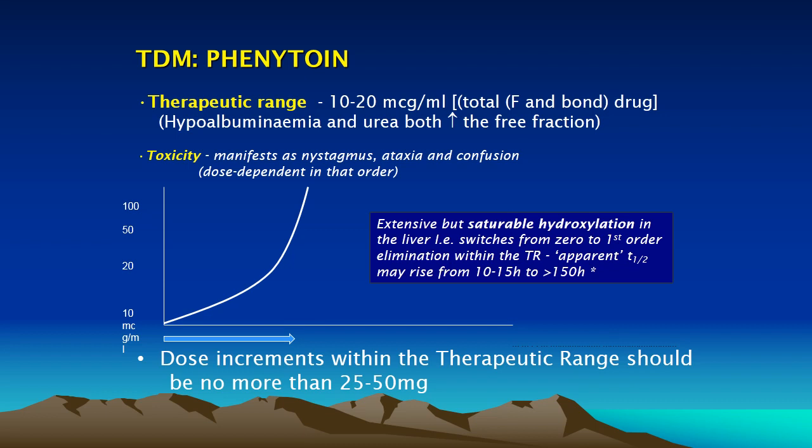Phenytoin is a characteristic drug which obeys saturable kinetics of elimination, or zero order kinetics, and we can see that the therapeutic level is 10 to 20 micrograms per mL. If the dose is slightly increased, the level may reach more than double, and this dictates that plasma levels will be very helpful in fine adjustment of doses, and dose increments should be done in smaller amounts after full therapeutic effect is nearly achieved.